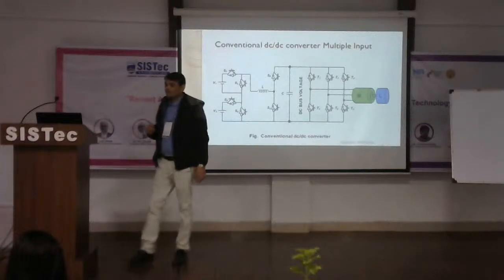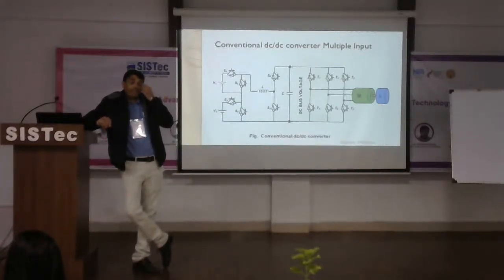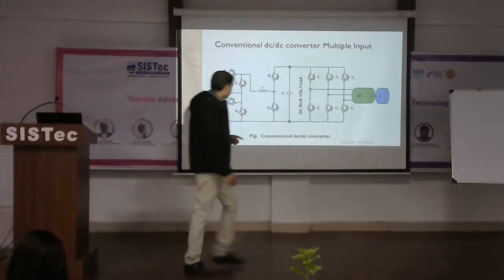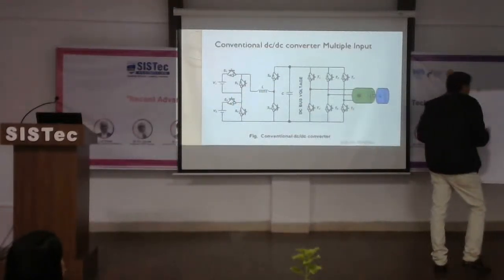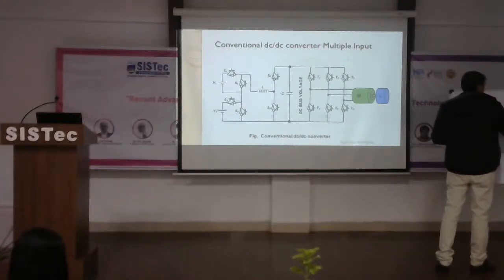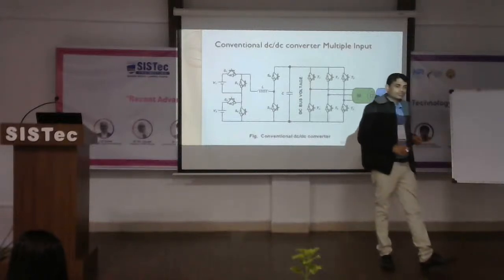Okay, because controlling even a single switch will require multiple systems. First, for switching, I'm taking a single switch. Suppose this is the switch, and this is an IGBT, insulated gate bipolar transistor, we are using.